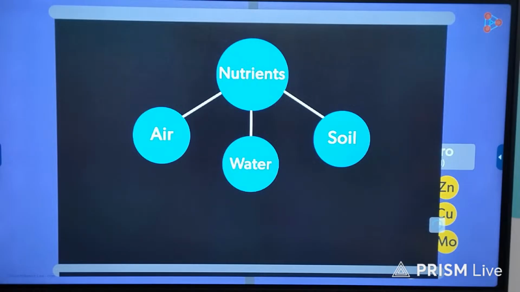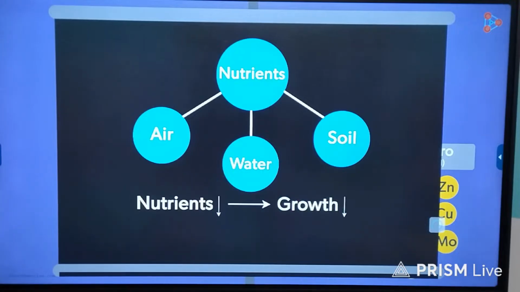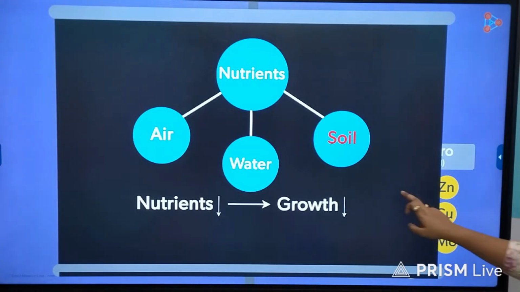So, how can we enhance crop production? We must first see to it that the plants get all these nutrients. If nutrients are deficient, then the plant is susceptible to many diseases and it can affect growth as well as their reproduction. Nutrient management is an important aspect of crop production management. But how can we add nutrients to the soil? We will look at that in our next video.